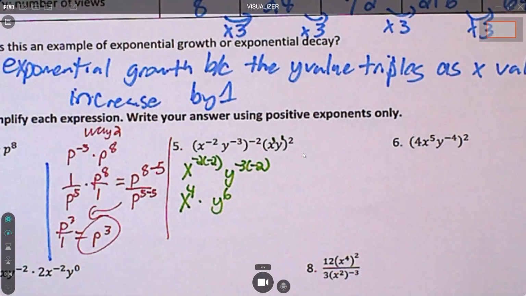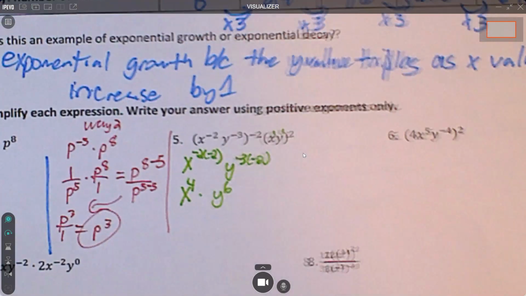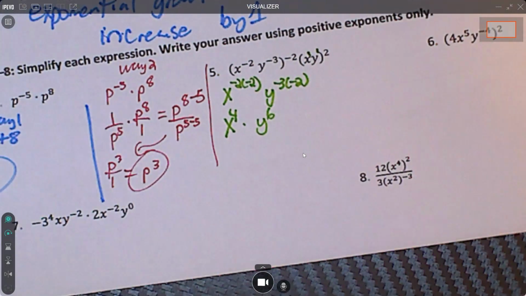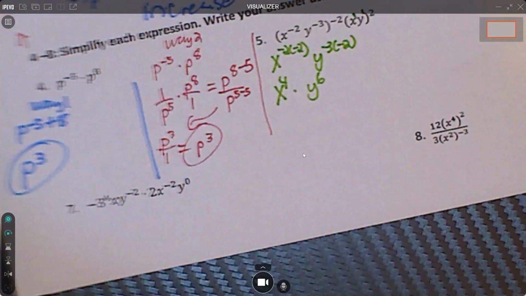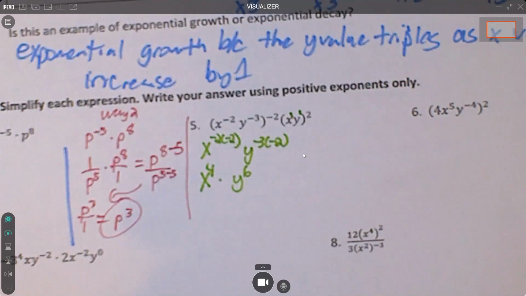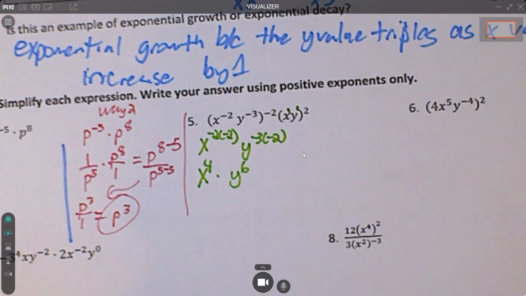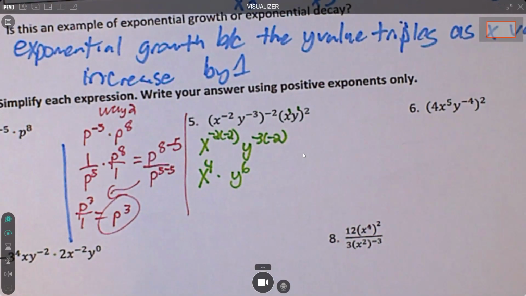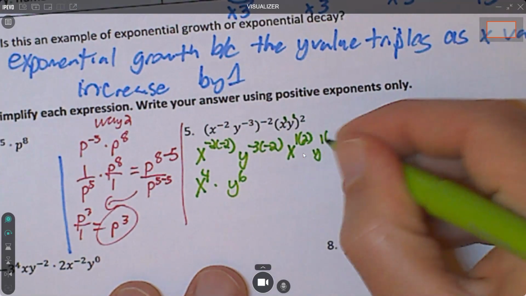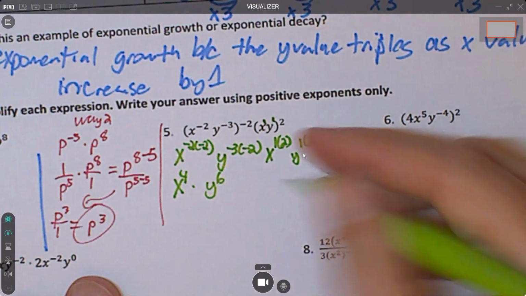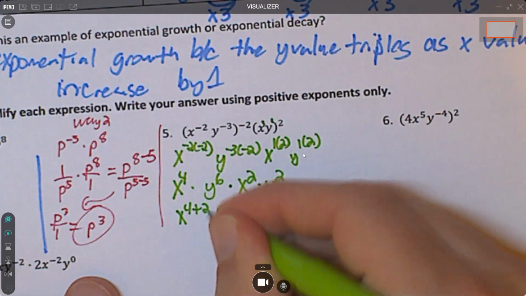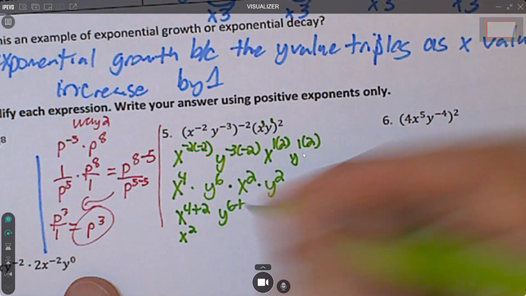Every variable number, non-zero, has an exponent of 1. Y to the 6 plus 2.